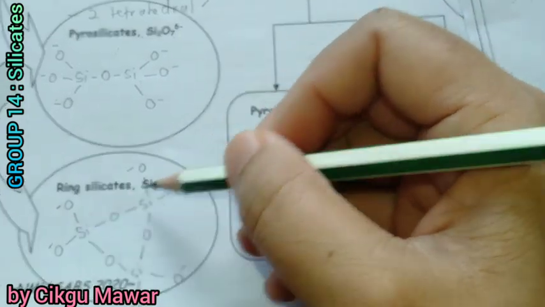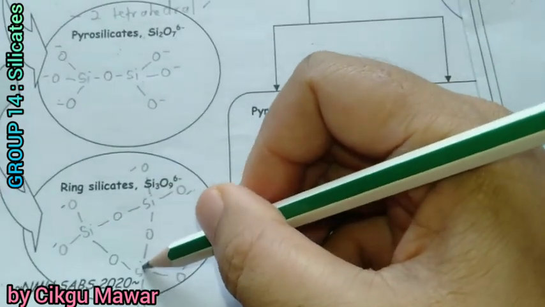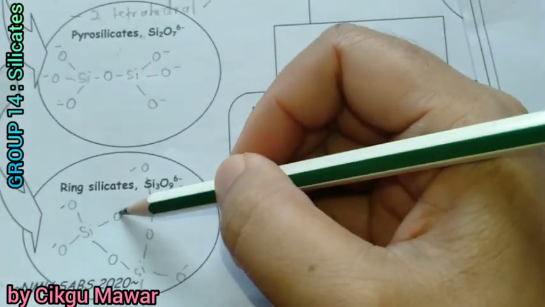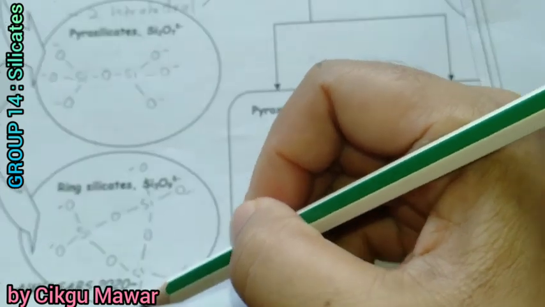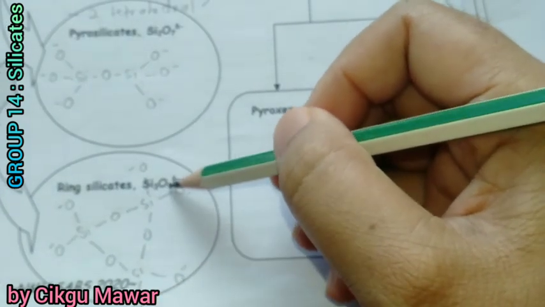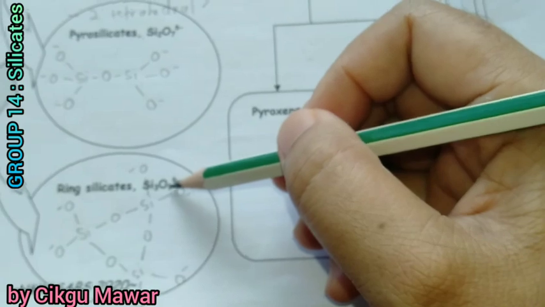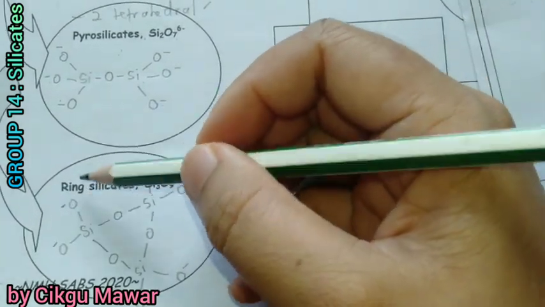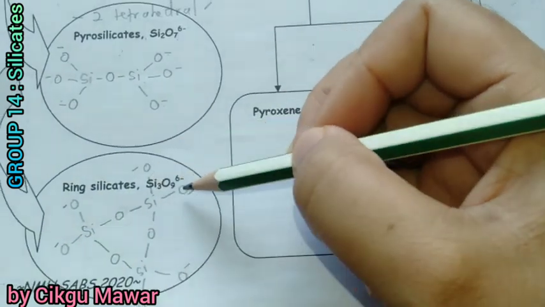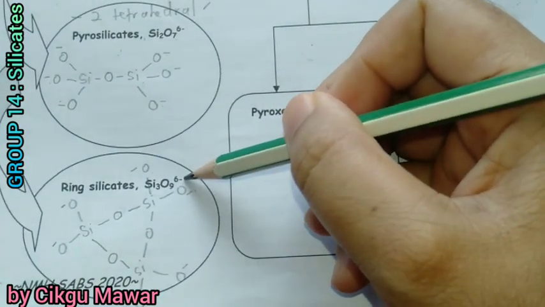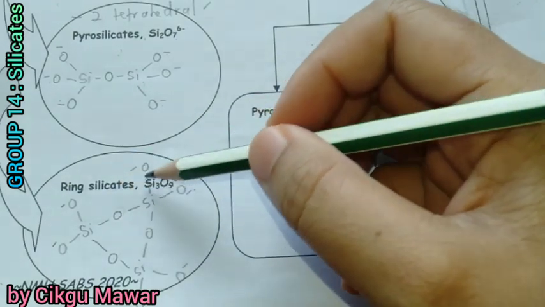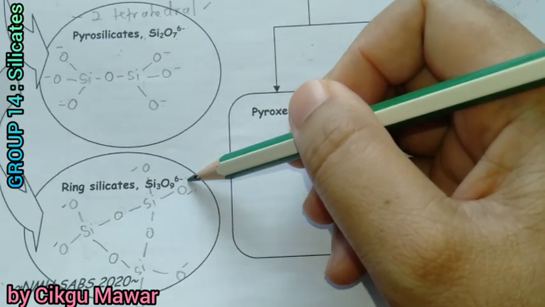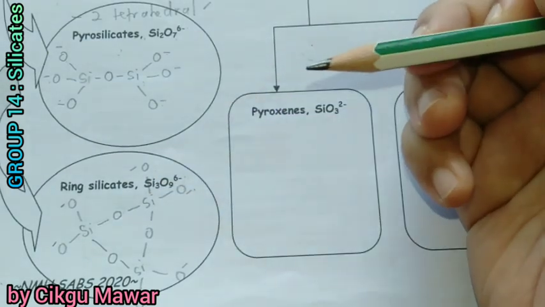It consists of 1, 2, 3 silicon. Oxygen consists of 1, 2, 3, 4, 5, 6, 7, 8 and 9, so it has 9 oxygen atoms. The charge from the unbonded oxygens is 1, 2, 3, 4, 5 and 6. So that's why ring silicate has the basic structural formula Si3O9 with 6 minus.